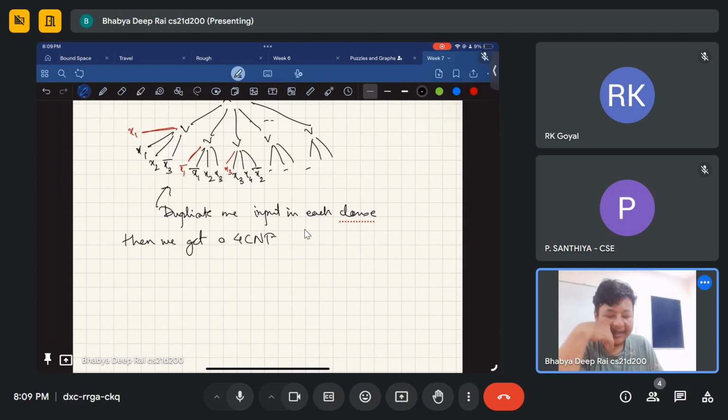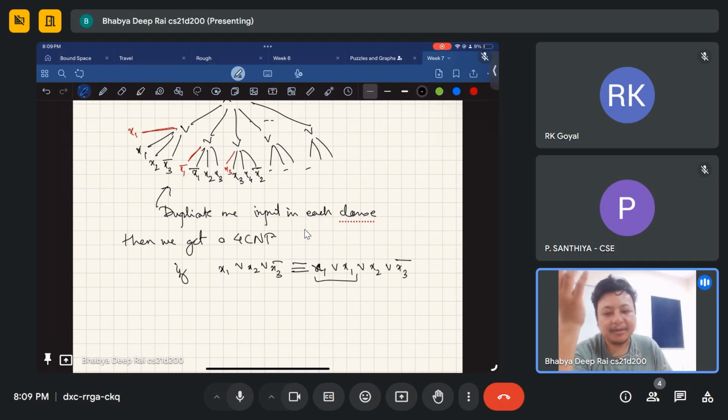If we have x1 or x2 or x3 bar, notice that this is the same as x1 or x1 or x2 or x3 bar, because an OR between the same variable gives you the same variable.